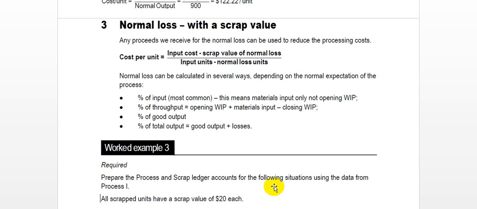When you crush and extract the oil, there's a cake which remains. That is expected because that's the nature of the sunflower. So that's a normal loss. So if you can't sell that one, then the whole cost of the sunflower should be allocated to the output, the oil.